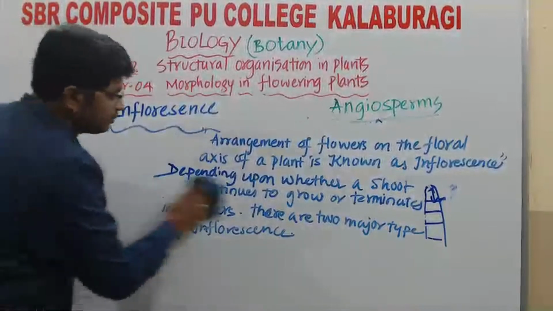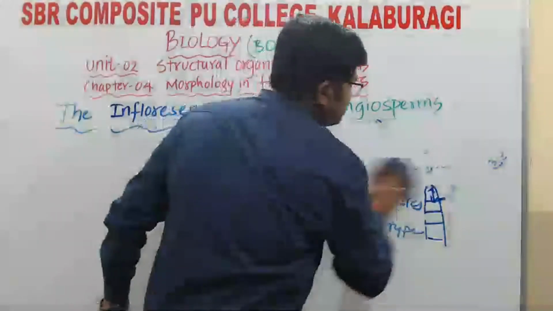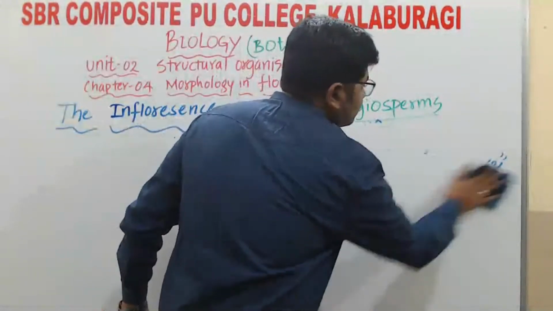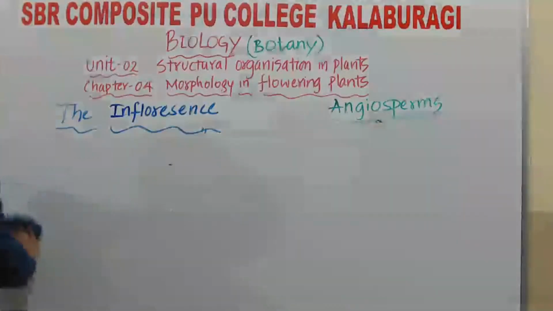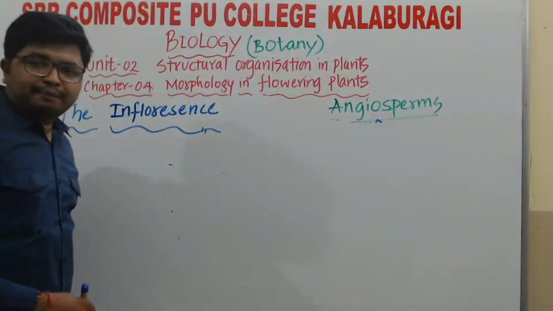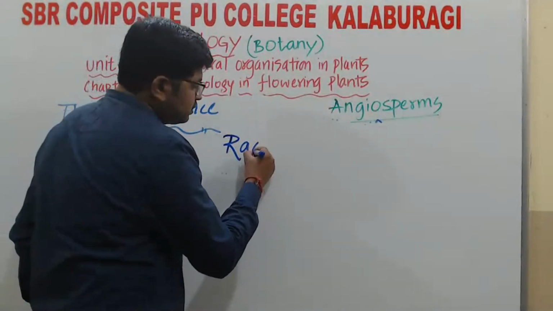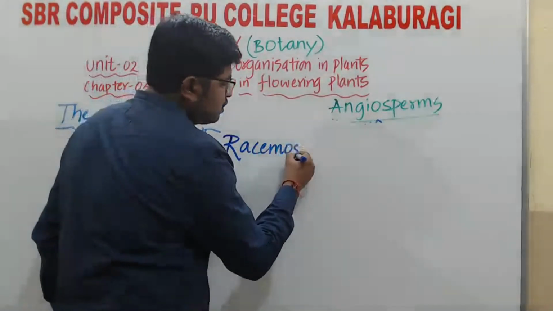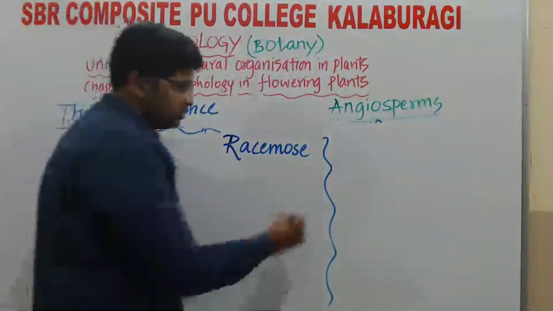What are the two major types of inflorescence that we are going to understand now? The two types are racemose and cymose.